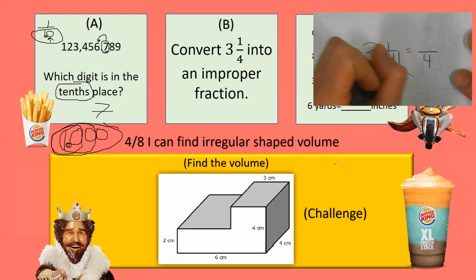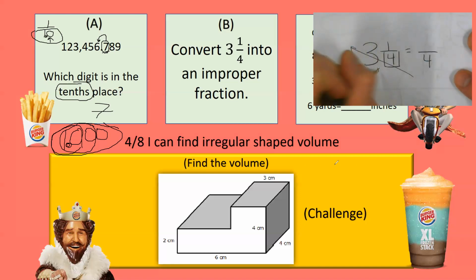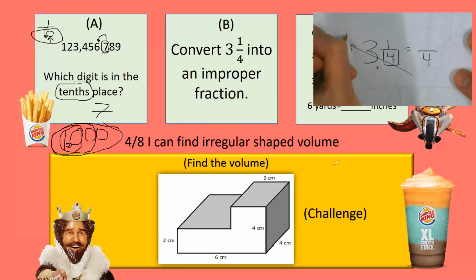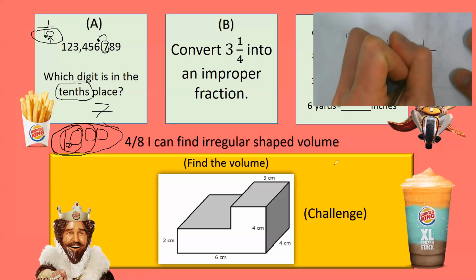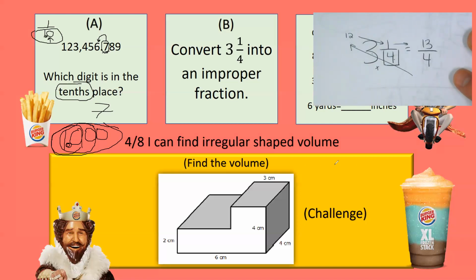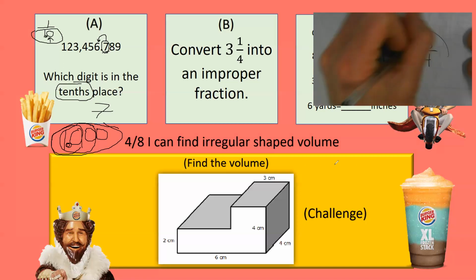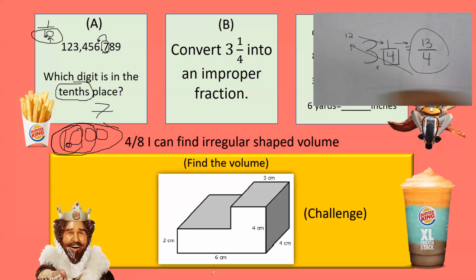You multiply sideways, and 4 times 3 is 12, and then you add the numerator, and that's how you turn a mixed number into an improper fraction. So that answer is 13 fourths.